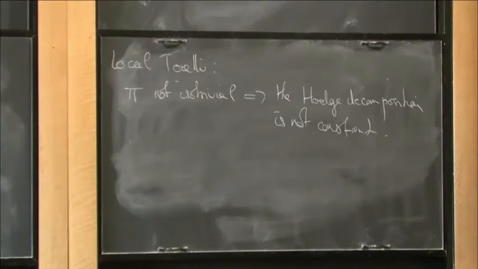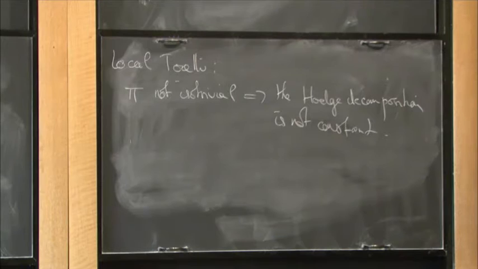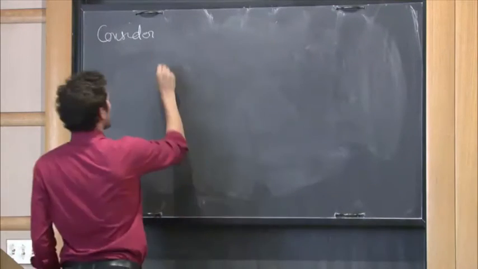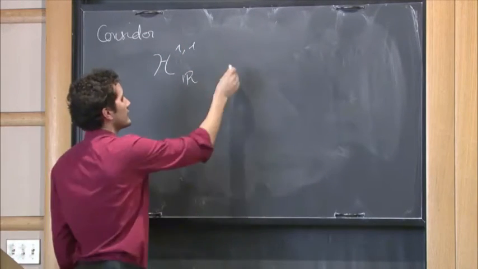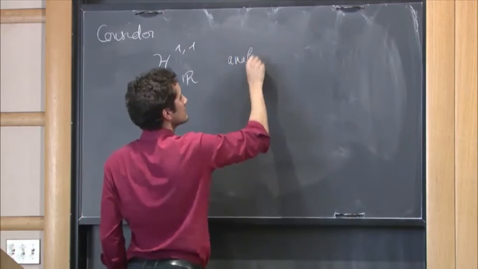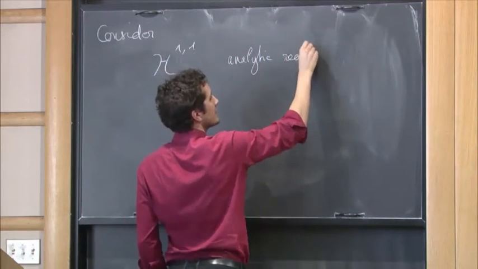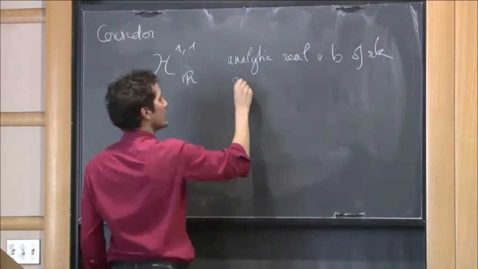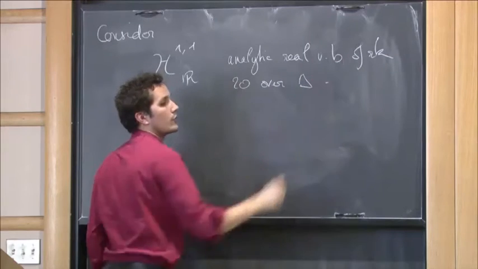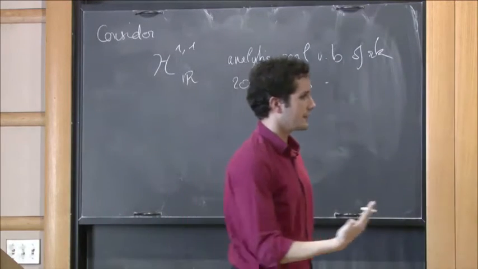And so how do we use that? Now that we have that, we can give a very short proof. Let's consider the following bundle, H11 R. This is an analytic real vector bundle of rank 20 over delta, right? This is not the holomorphic thing.